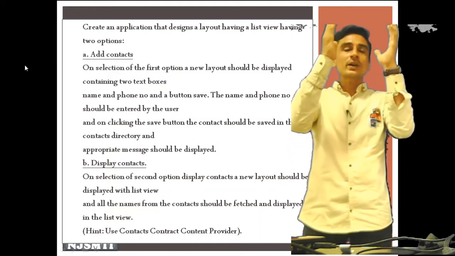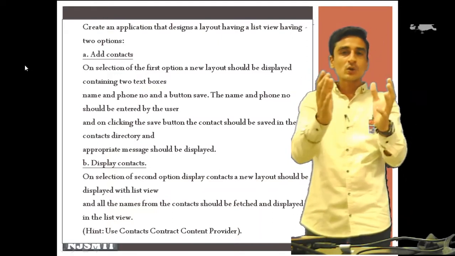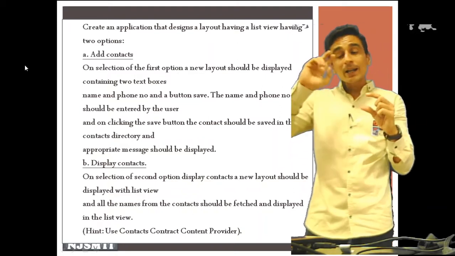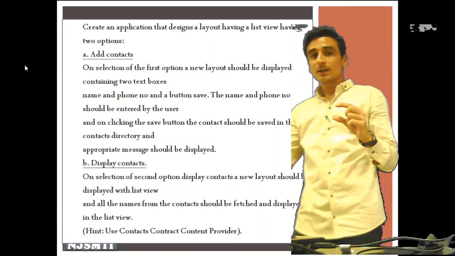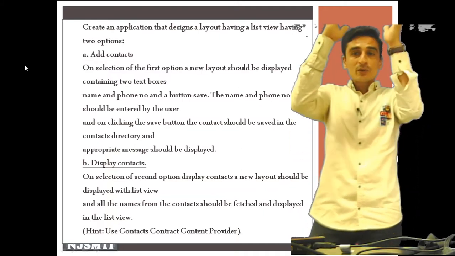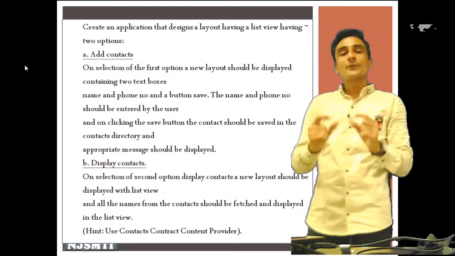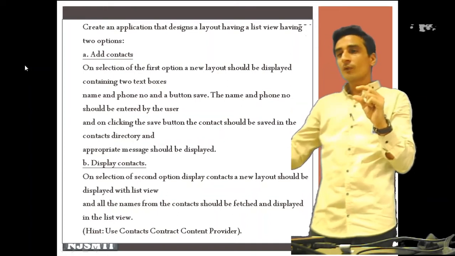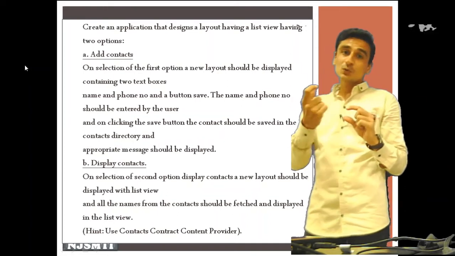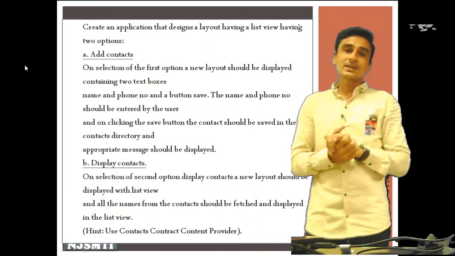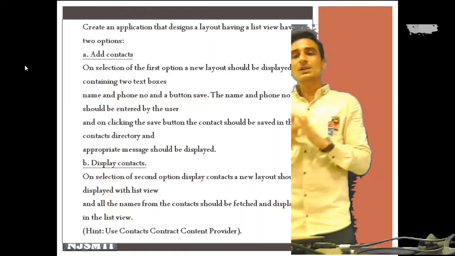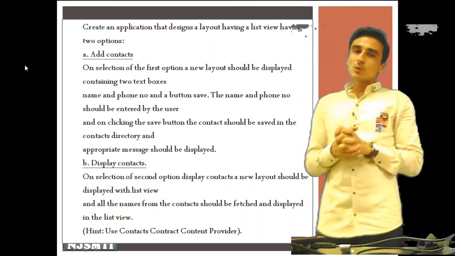The first query is to retrieve all the names from the contact content provider, and for each name we again have to query another table in which phone numbers are associated. So first of all, retrieve all the names. Then for each name, retrieve the phone number where the ID matches the name which is selected. So this should be done, but it is not asked here, so we will just show the names of the contacts.